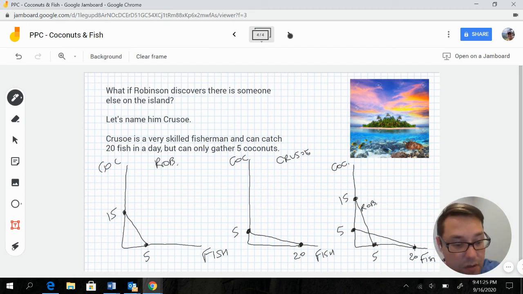That one's Robinson, and this one's Crusoe. But you can see how it can get kind of cluttered there. But the point is, we can draw multiple PPC curves on a single PPC graph. All right. So in a future video, we're going to use these PPC graphs to be able to calculate opportunity cost and also show gains from trade.